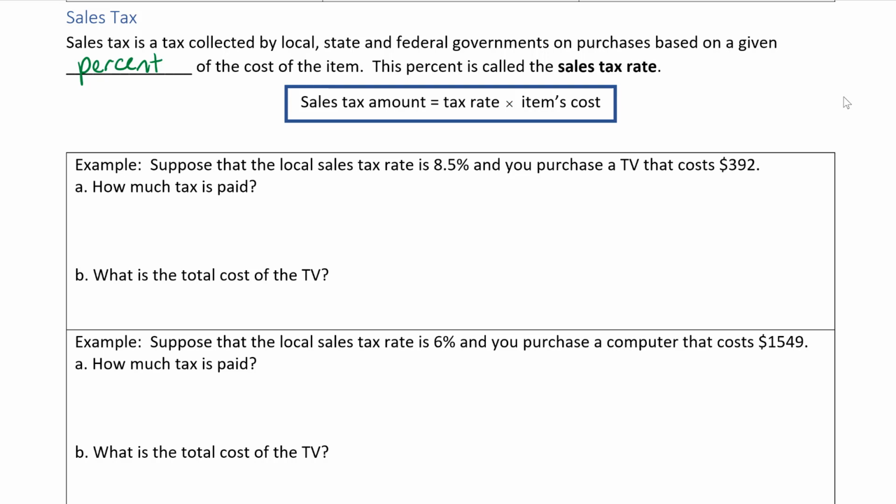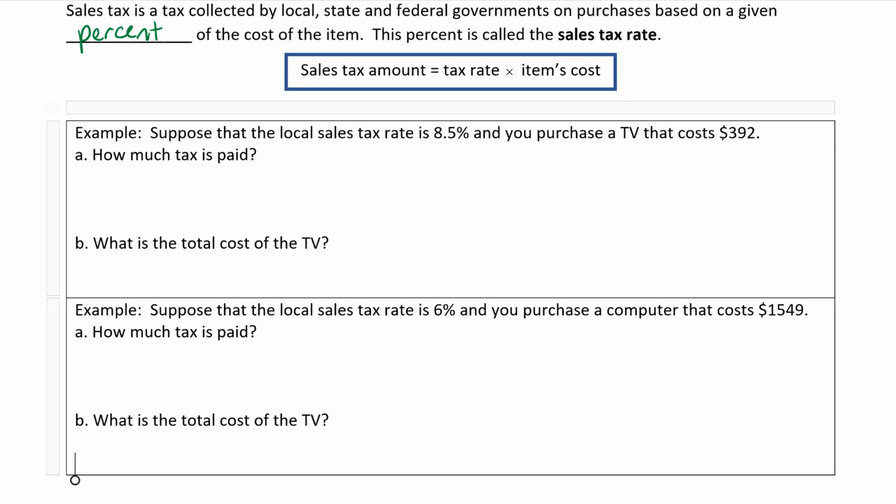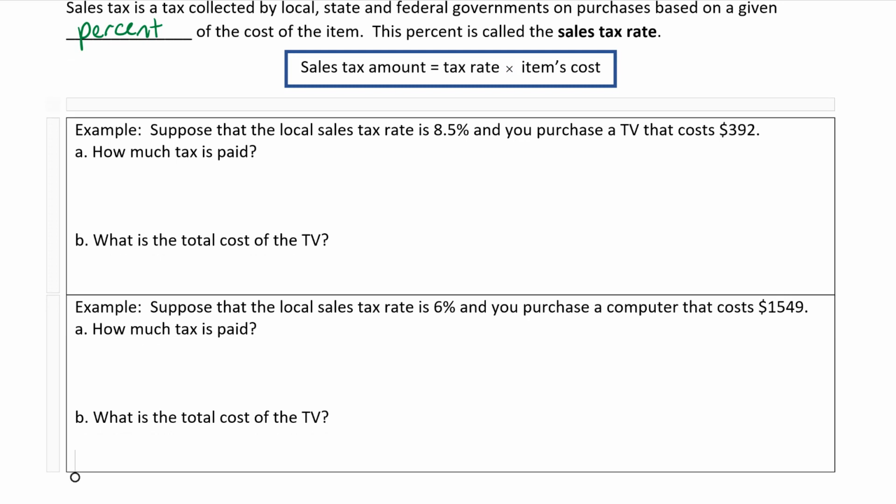So here's an example. Suppose that the local sales tax is 8.5%, and you purchase a TV that costs $392. How much tax is paid? We're just talking about the tax. So first thing we're going to do is take our sales tax rate, which is 8.5%, and turn the 8.5% into a decimal.